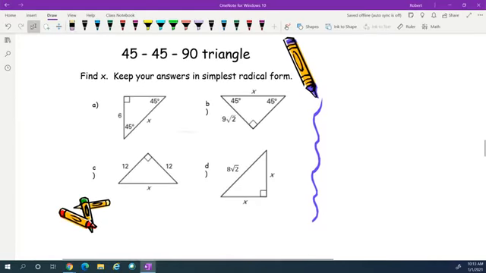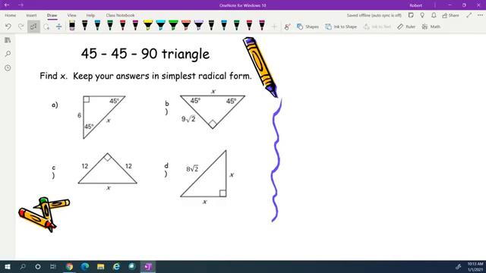There's not much else to do with this. Let's see, I'm going to start with B. Identify the parts. Leg, hypotenuse. We have one formula: hypotenuse equals leg times square root 2. We're looking for the hypotenuse. The leg they gave us is 9 square root 2, and we're going to multiply by square root 2.